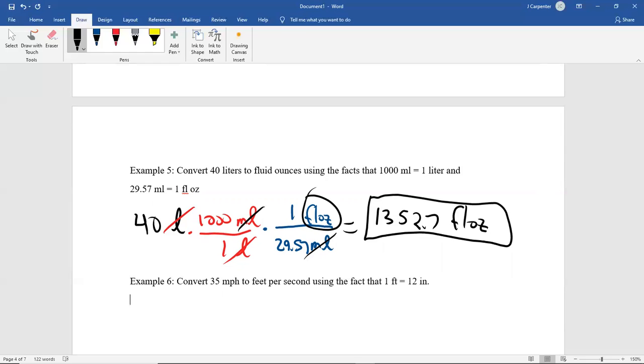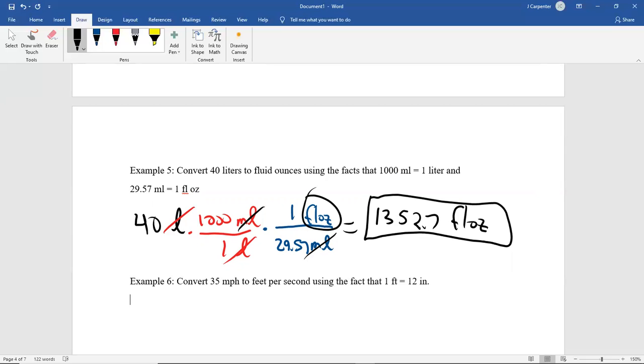Walking speed, 3 miles an hour, running speed, maybe 5 to 6 miles an hour for your average runner, 8 or 9 miles an hour for someone that's awesome, 12 miles an hour for your Olympians, biking closer to 20 miles per hour. So these are tangible numbers. If I were to ask you any of those in feet per second, you'd probably scratch your head and go, I don't know. But this is how you could find out.